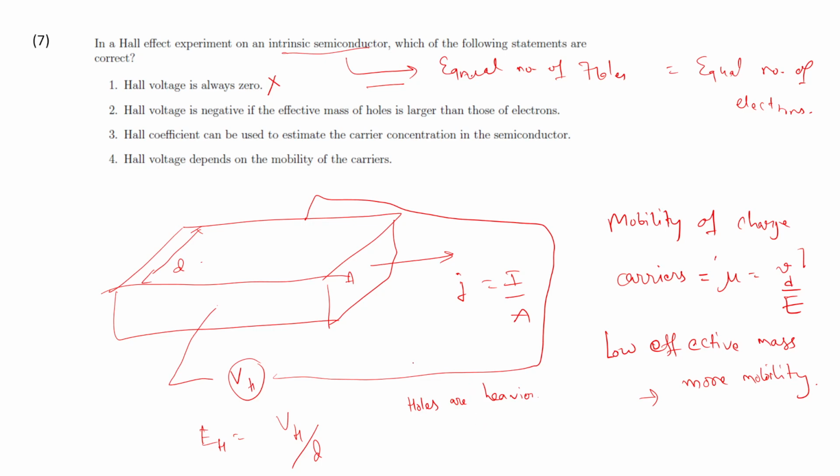If you reverse the polarity, you will get a different voltage altogether. So positive or negative is just a matter of convention of what you want to use. So this is not a correct statement.